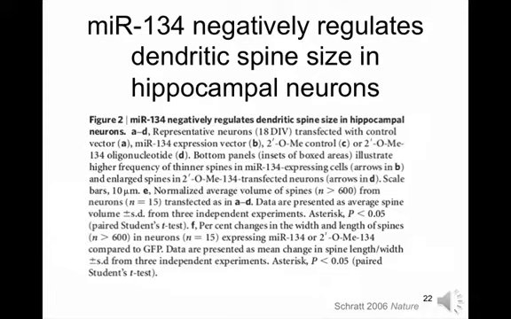And so here we have examples of them describing the vectors. They talk about how many spines they counted from how many neurons, and importantly, they detail what their symbols mean. In this case, the asterisks demonstrate significance. It's a very common statistical significance symbol.